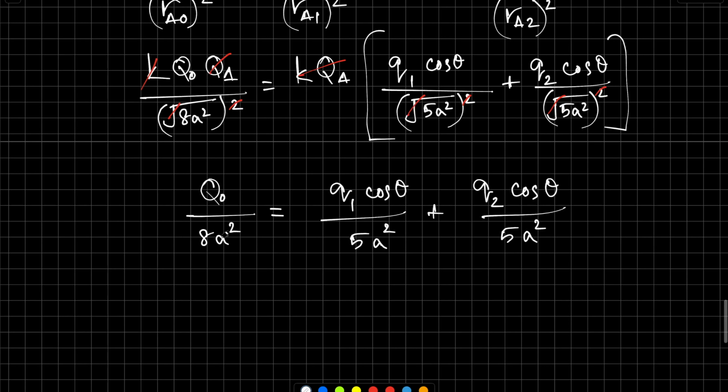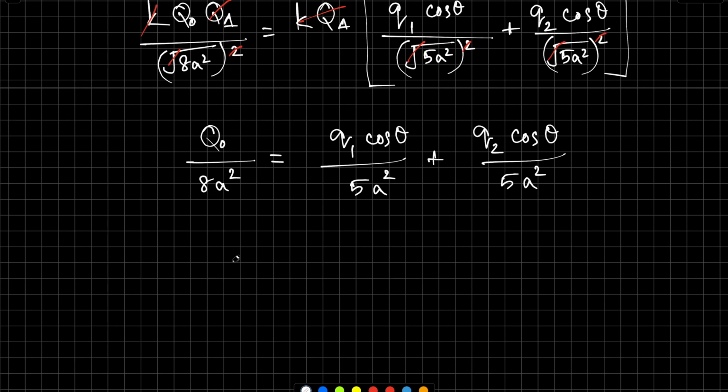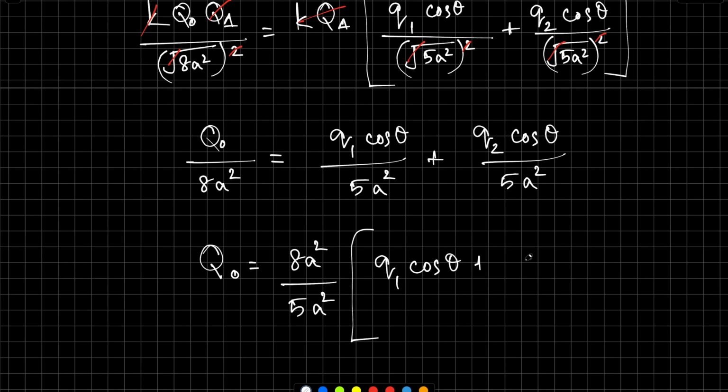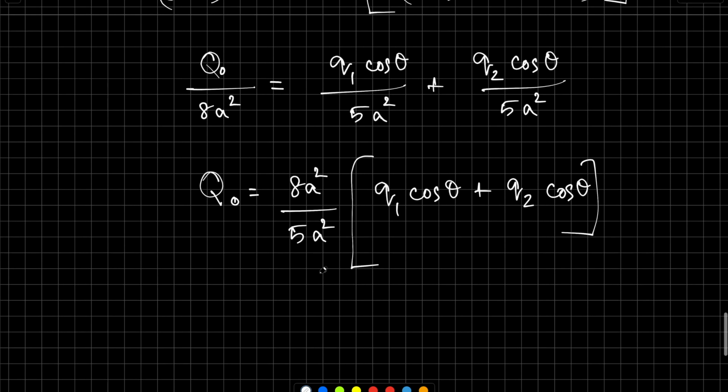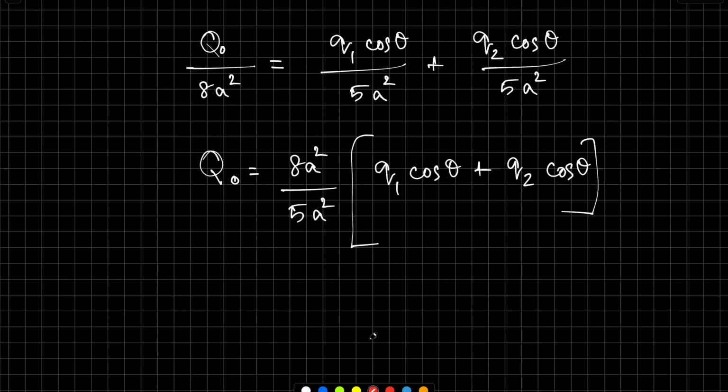We need to find Q0, so I'm taking 8A square to the right side. Q0 equals 8A square. So 8A square times, we have 1 by 5A square common in both the terms, right? Take it outside. 5A square, Q1 cos theta plus Q2 cos theta. A square and A square can be cancelled.